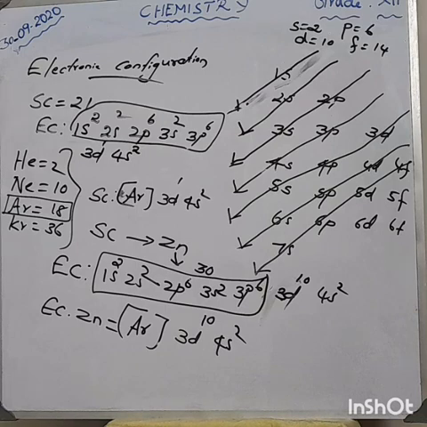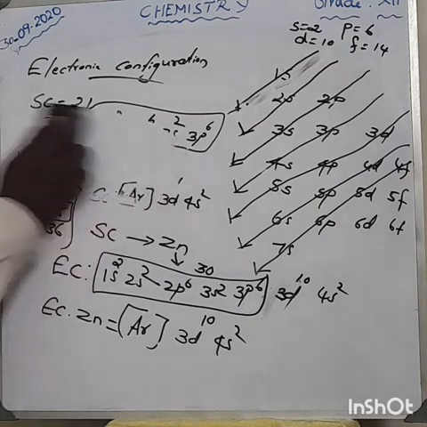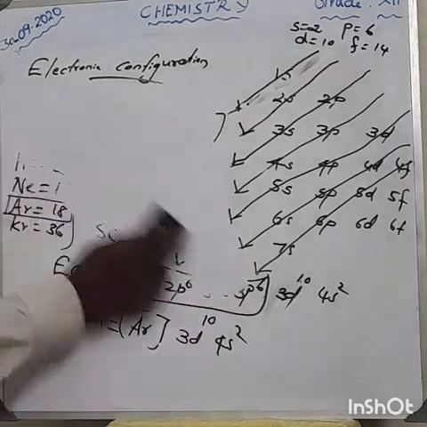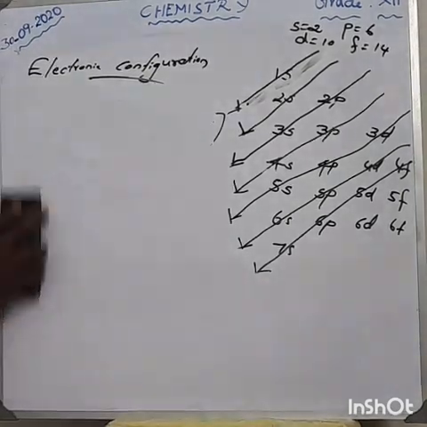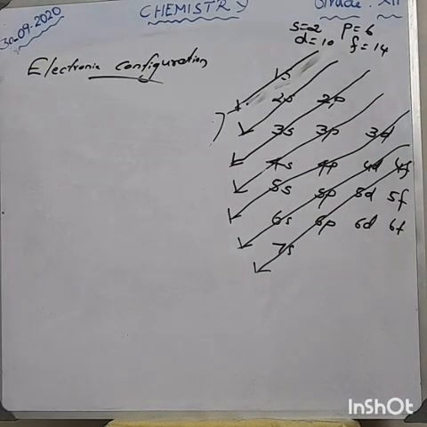Okay, one more problem, from the problematic questions. Write the electronic configuration for chromium and also copper.